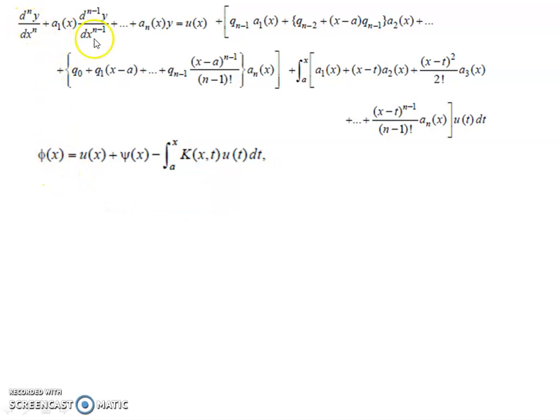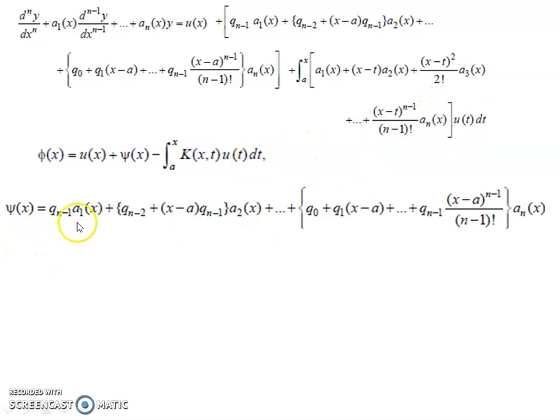So I take this as phi x, this as ux, and the rest up to here as phi x, and this is the integral. Kxt is a kernel, from here to here, and ut dt as such.